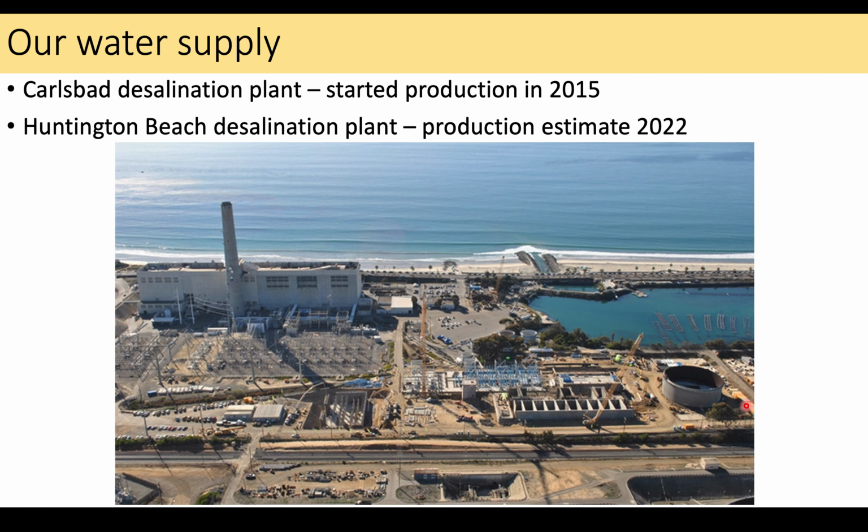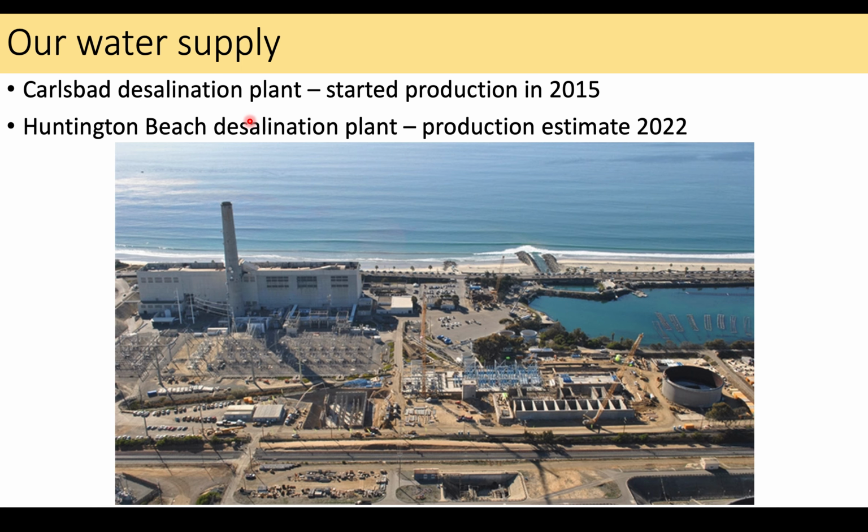There is a desal plant in Carlsbad that was built relatively recently. It started production in 2015, and there's another one being built right now in Huntington Beach, right on the beach. It is supposed to begin production of water in 2022.